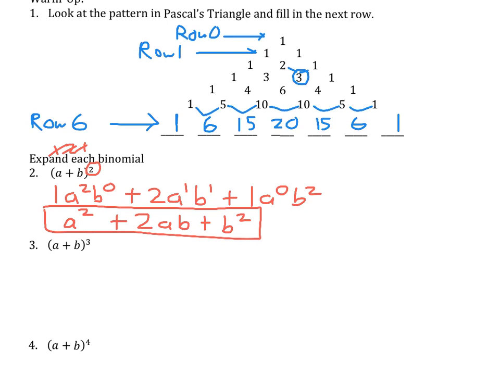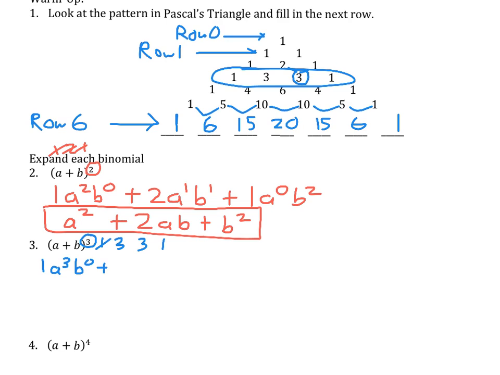Okay, so for number 3, we're going to use row 3 of Pascal's triangle, which is this one, 1, 3, 3, 1. So we start out with 1, and we're going to do a to the third because the exponent is 3. 1, a to the third, b to the 0.